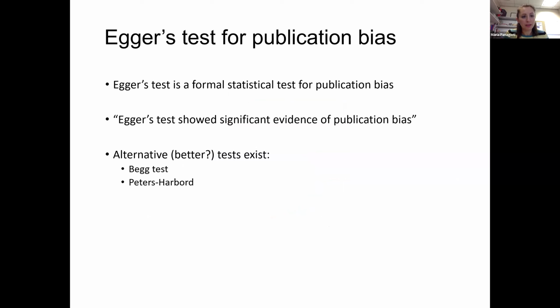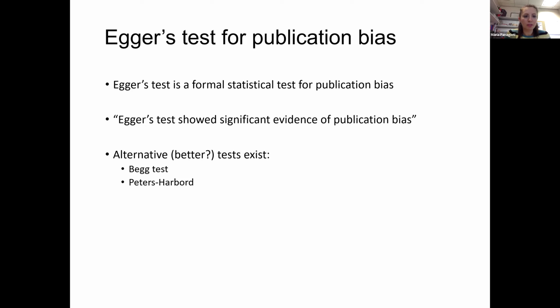We can suspect whether there is heterogeneity or not from the funnel plots, but we can also do a statistical test for that. Egger's test is the most common one for capturing publication bias. There are alternatives like the Begg test or the Peters and Harbord test, but most of the time you will see an Egger's test reported in meta-analyses to report publication bias.